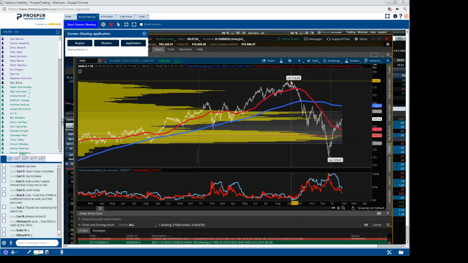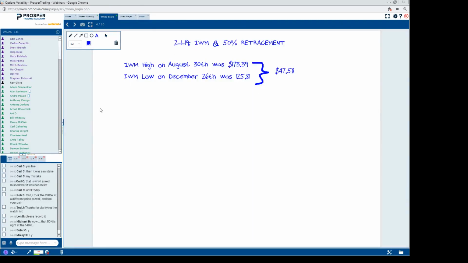If we take the move of 47.58 times 50%, that equals 23.79. That would be the 50% move.